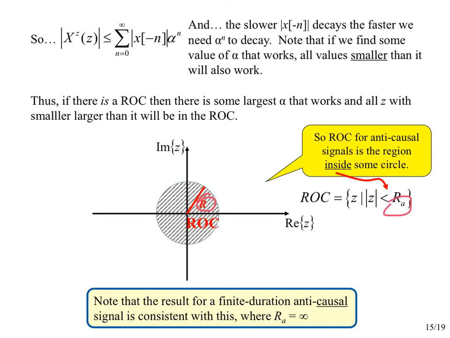So there is some r sub a that sets that, and any z inside that circle will also converge. And likewise, this is consistent with our anti-causal finite duration signal where r sub a was equal to infinity. That just meant anywhere on the z-plane except the z's that are infinite.